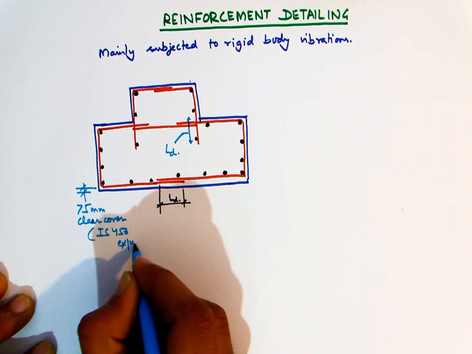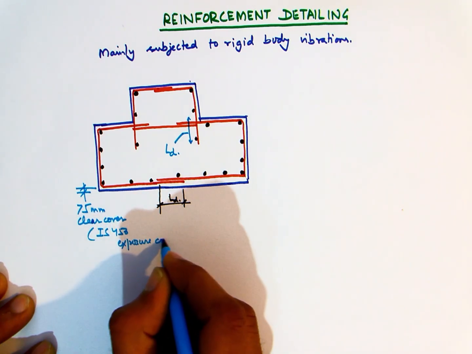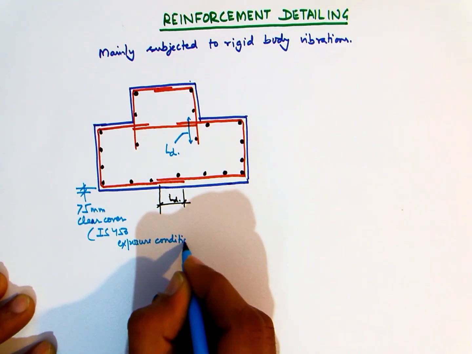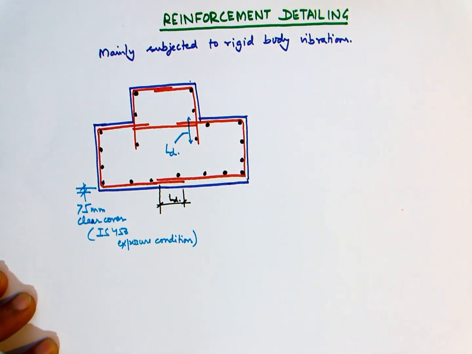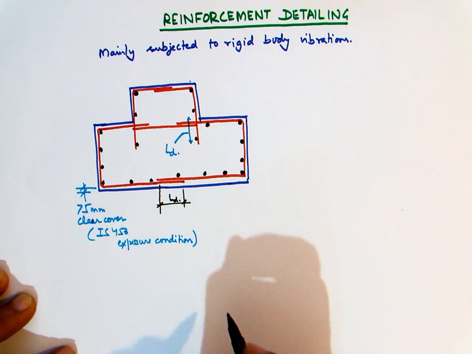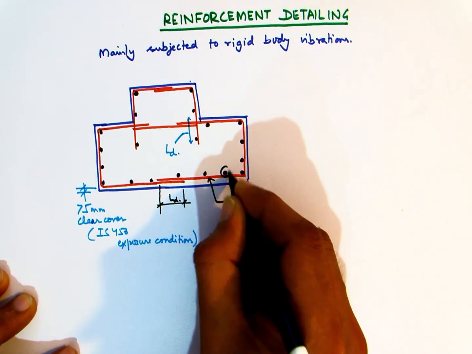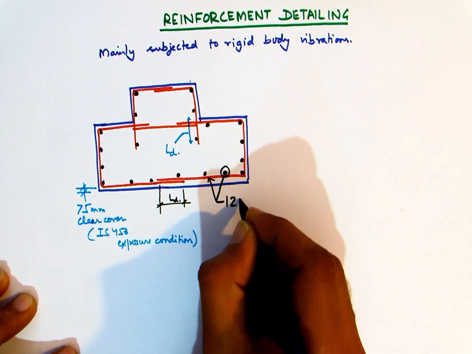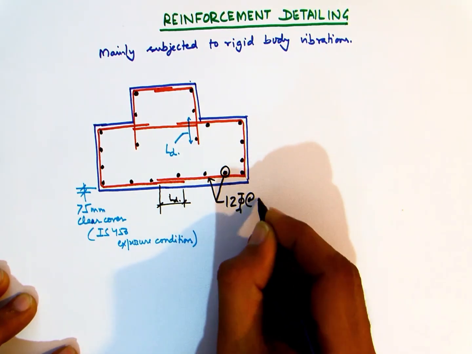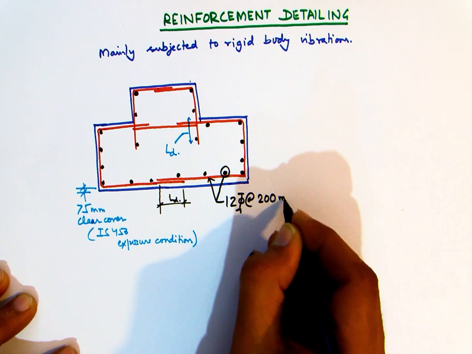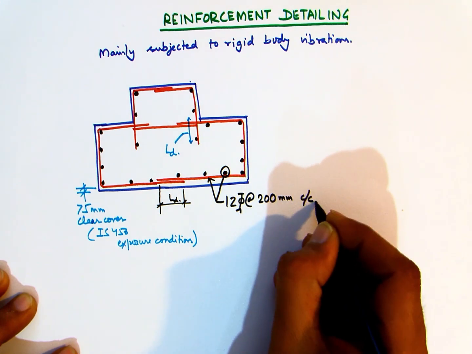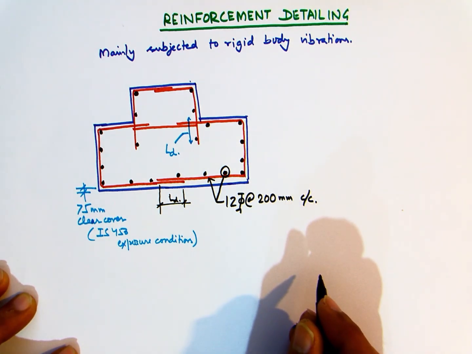So for mild exposure conditions, it is suggested to use 75 mm. Higher cover may be provided for more severe exposure conditions as per IS 456. It is customary to provide 12 mm diameter bars at a usual spacing of 200 mm center to center. This is more than adequate.